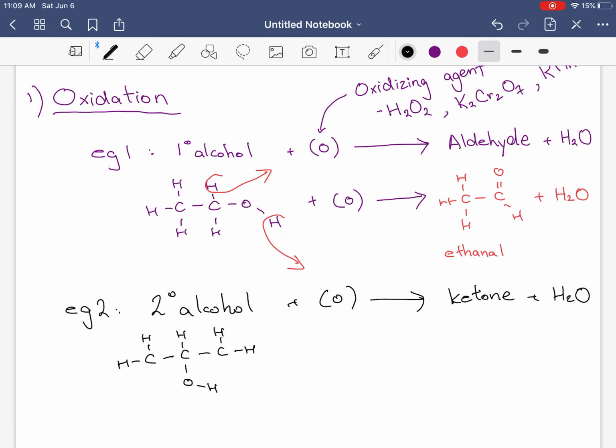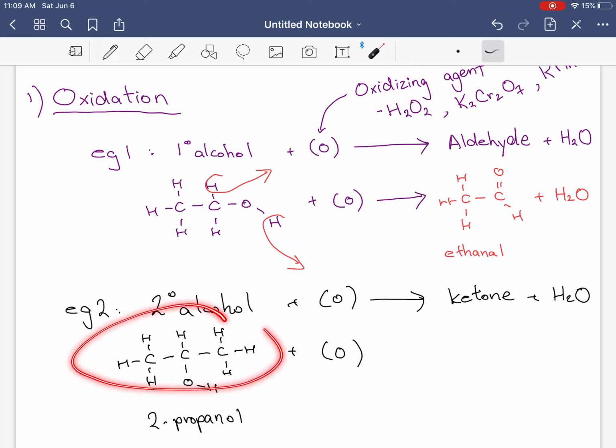This is your simplest secondary alcohol. You can call it 2-propanol, isopropanol. No big deal. Let's call it 2-propanol today. And you are putting this into an oxidizing agent where this is going to get oxidized.